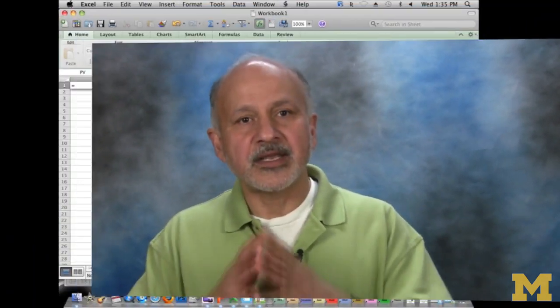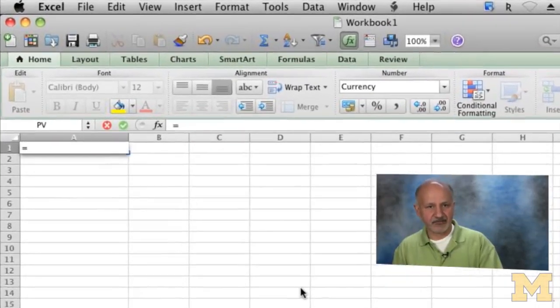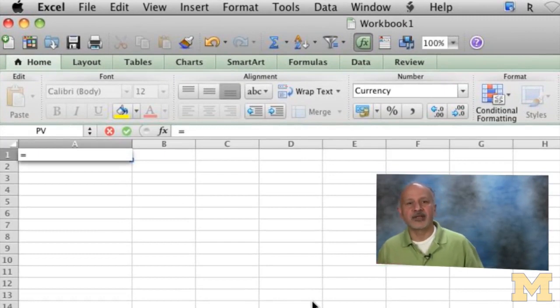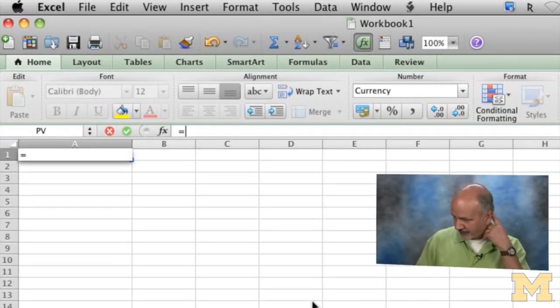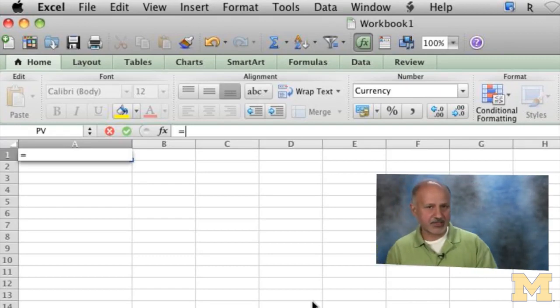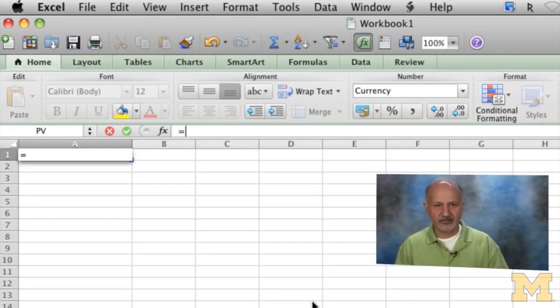If you can see what I'm doing there, I'm going to the tab on top, the space on top that says fx, and that is where the functions reside. So if you haven't got the finance functions, you can always get them from Excel. It's not a big deal. But the thing I'd like you to know is this. It's very intuitive. So what are the key elements you need to know to solve this problem?